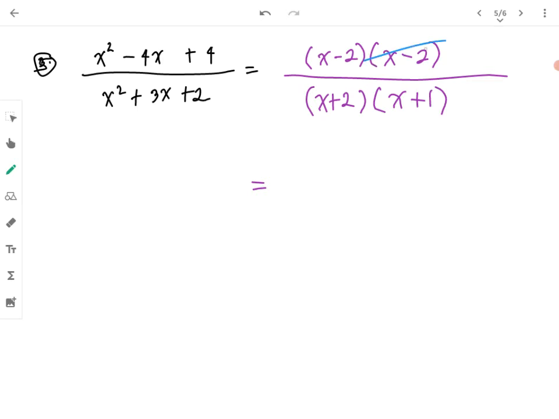Canceling out those common factors, x minus 2 and x plus 2, we are left with x minus 2 over x plus 1. That's it.